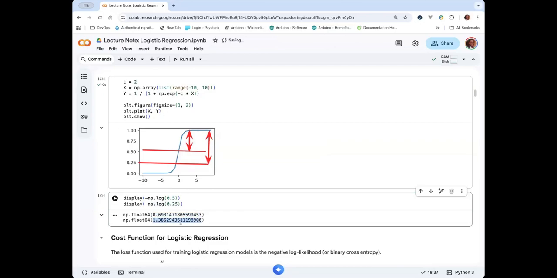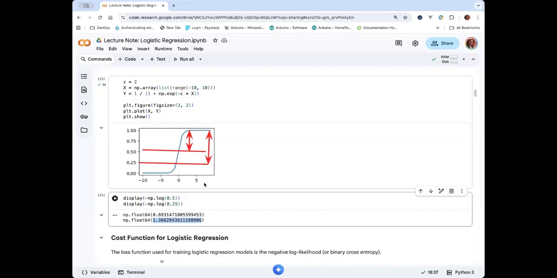So that means that the negative log function is a good way of calculating the cost function in this case, because we don't really care about actual values, but just how far away it is from this.